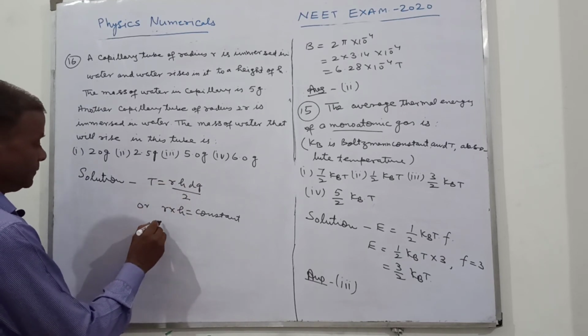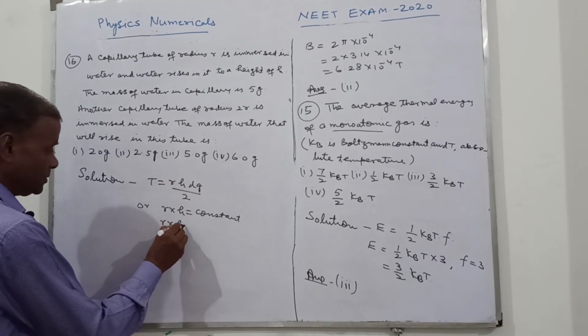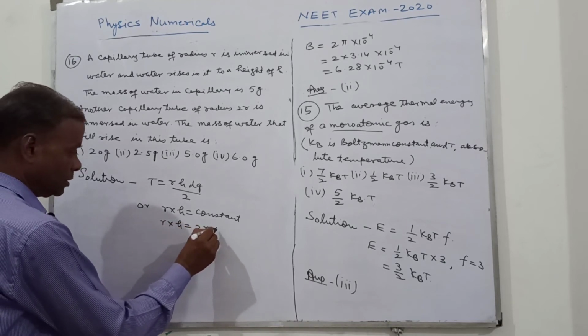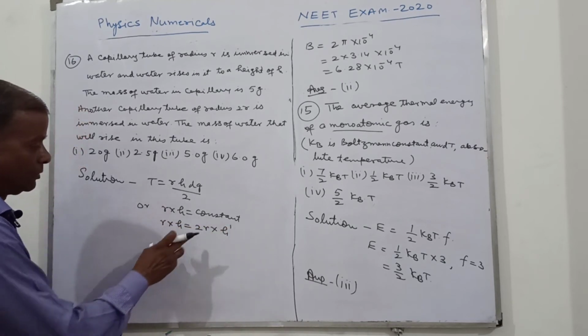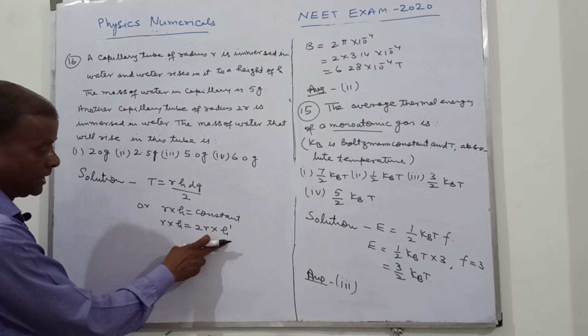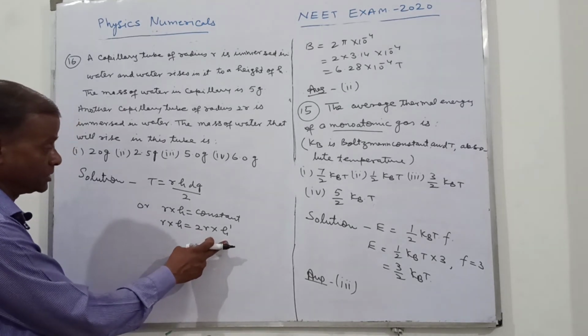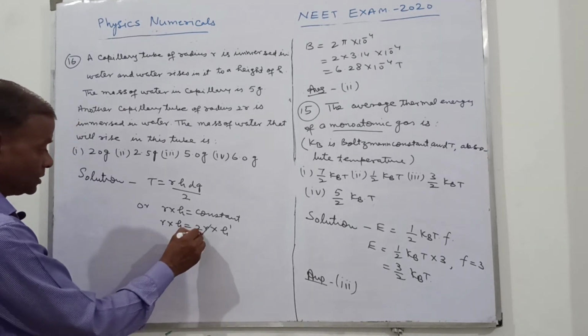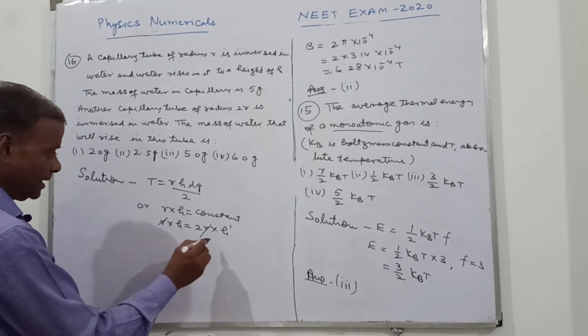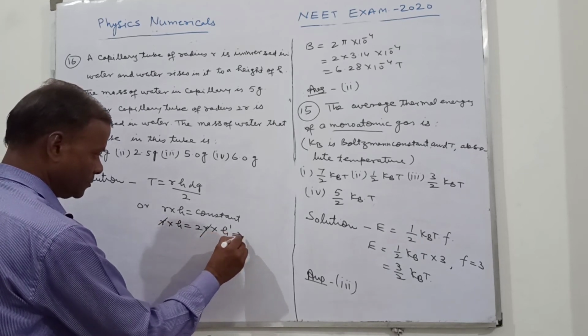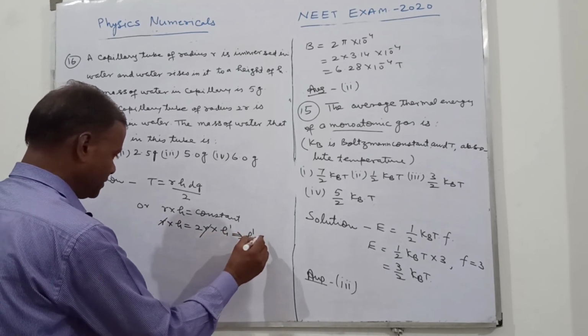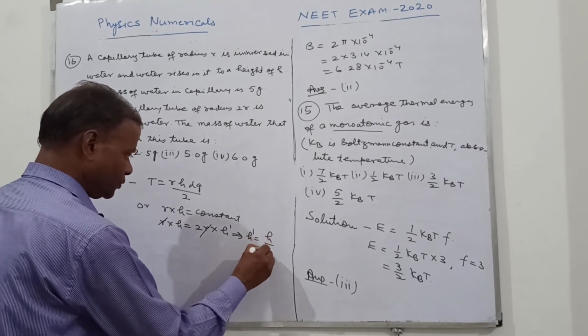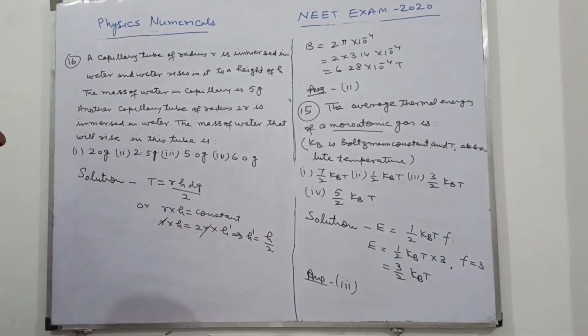So first you are given this r into h, this is now equal to 2r into h dash. For radius 2r, the height will be how much in this capillary tube? So this r and r will cancel and it will give you h dash equal to h upon 2.